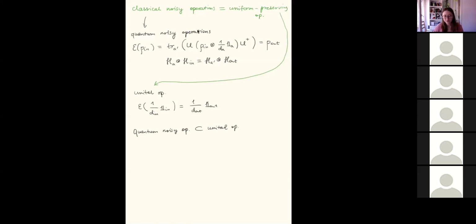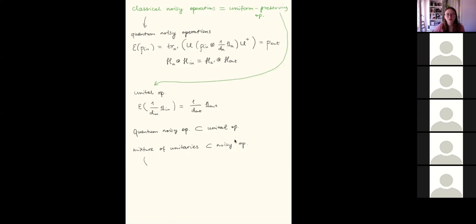So you can prove that every quantum noisy operation is unital. Another thing that we can prove is that a mixture of unitaries is also a noisy operation. So both of these things you have to prove in the exercise sheet.